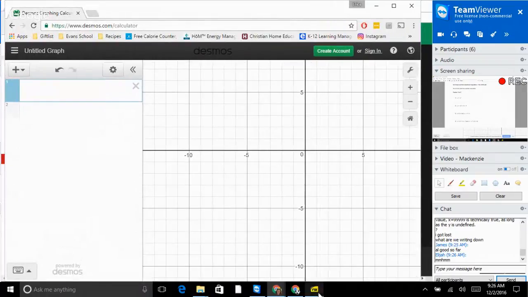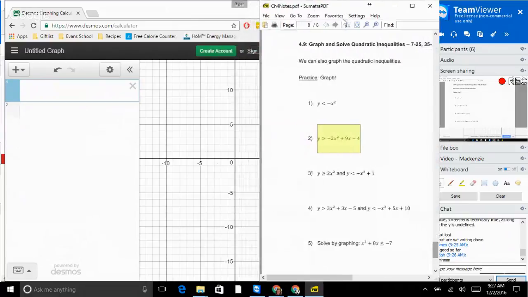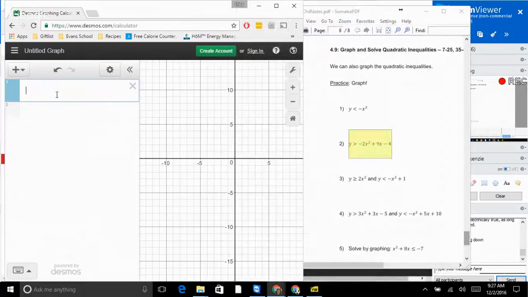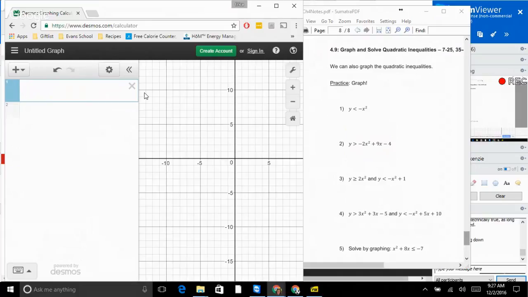What you're trying to do when you have two inequalities is figure out... I'm having technical issues today. Just let me look at both, Desmos. There we go. Okay, so I'm doing problem number 3. So we have y is greater than or equal to 2x squared.